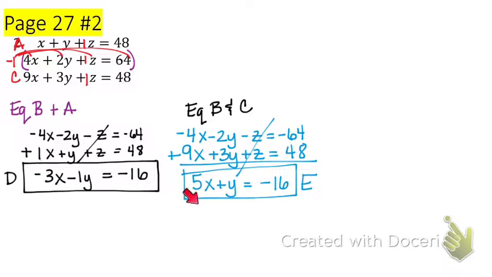So what's going to cancel when I add these together, X or Y? So I'm going to write equations D and E at the top here. Take a second, add these two together, and solve it for X.